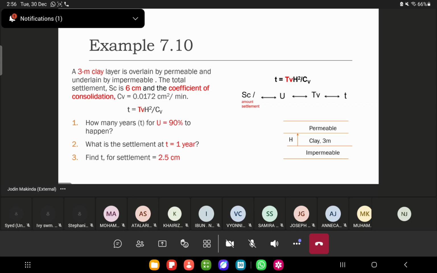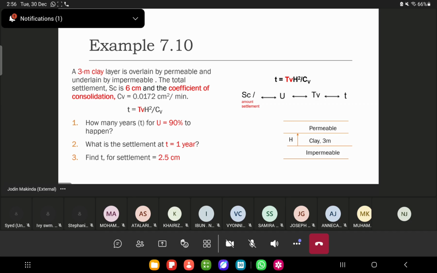Berapa tahun? Question number 1. And question number 2, what is the settlement at t equivalent to 1 year?